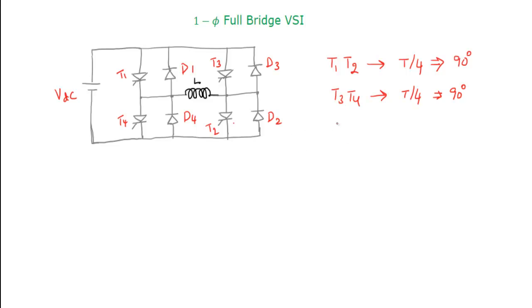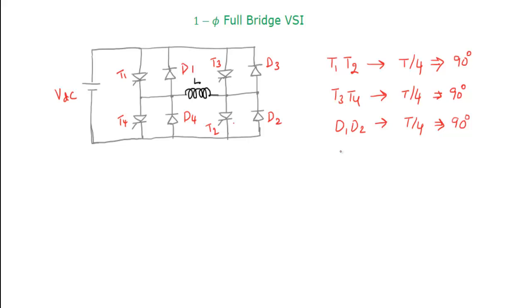Likewise, diodes D1 and D2 will be in conduction for T by 4 seconds for negative voltage but positive current, that means for 90 degrees.